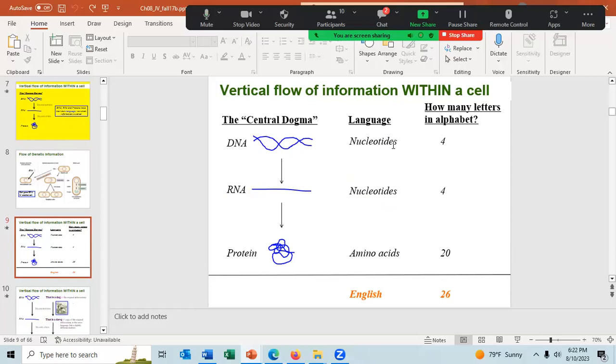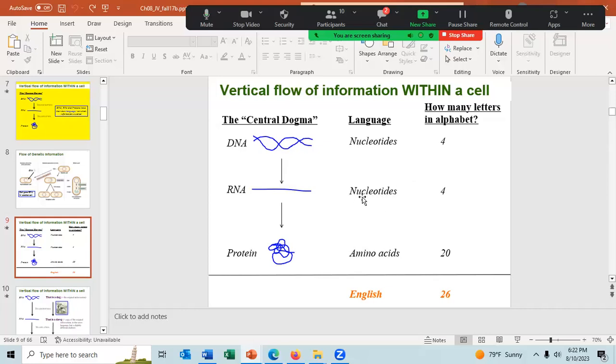That information is then transcribed into the information stored in RNA. And once again, that language is nucleotides. But these nucleotides are a little different because these aren't DNA nucleotides, these are RNA nucleotides. And once again, there are 4 RNA nucleotides, so in RNA, there are only 4 letters in the alphabet of RNA.